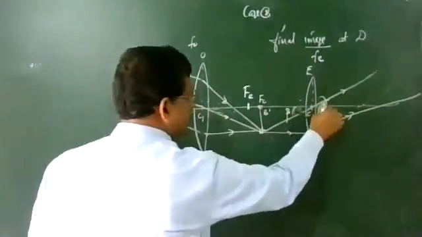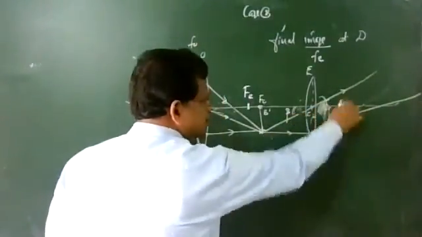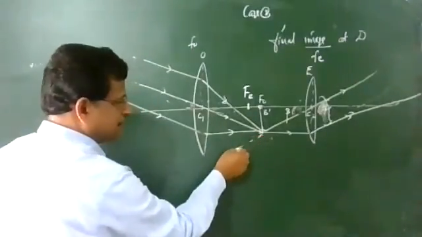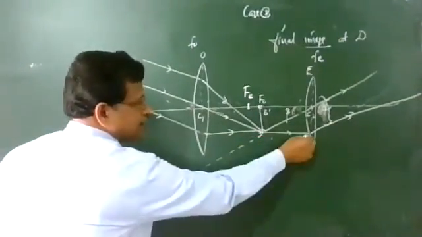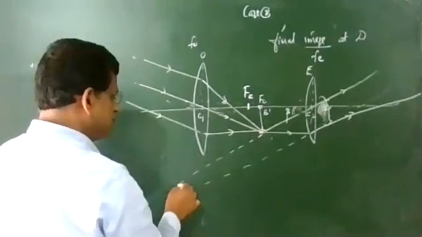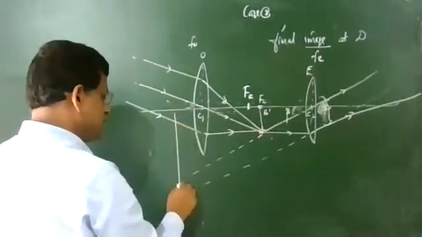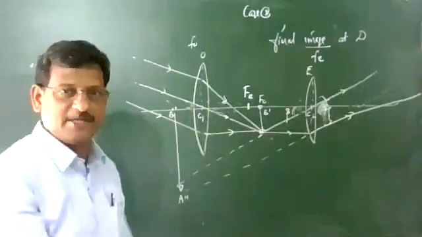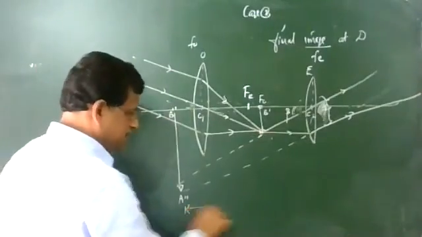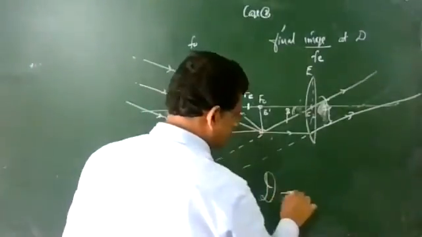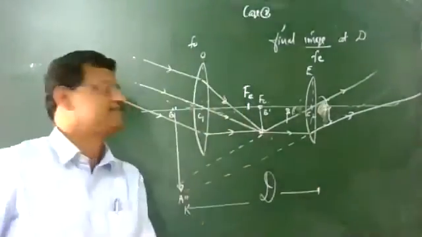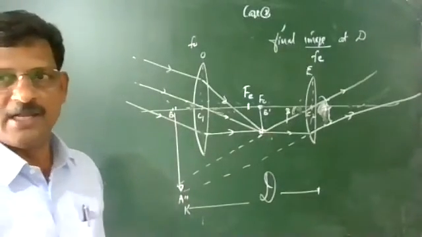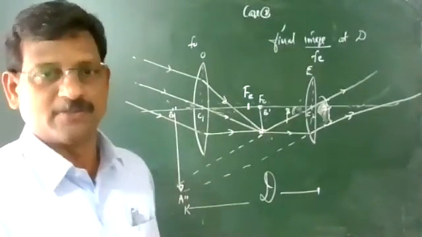So, observing from here, they are coming to meet at this point, virtually meeting at this point, extending the lines. So the final image will be formed here. This will be your A double dash, B double dash. Final image is formed at least distance of distinct vision from the eye.